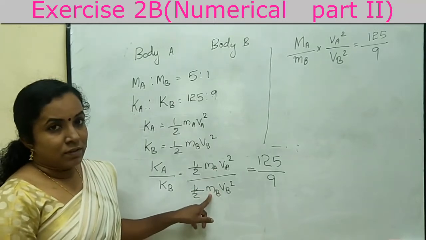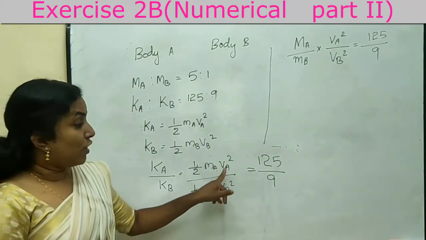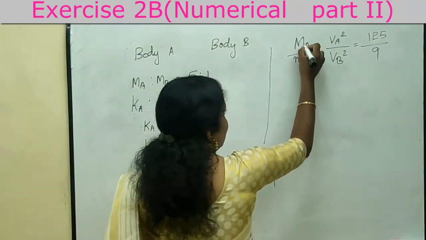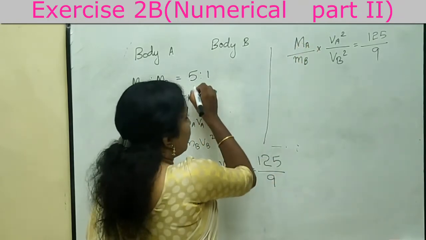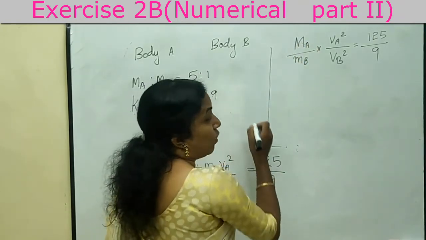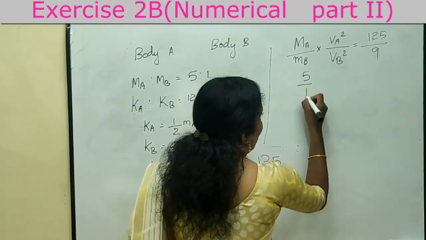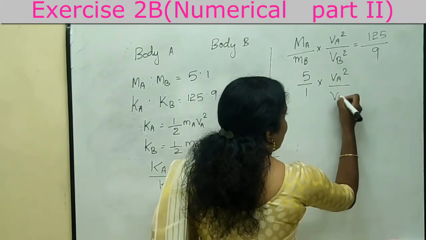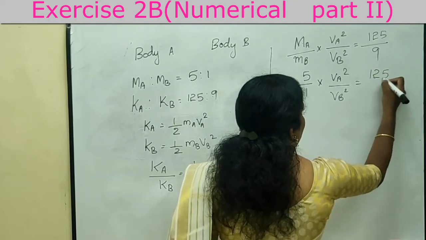See, I have written masses together and square of the velocities together. Now, MA by MB is equal to 5:1 or 5 by 1. So we can write 5 by 1 into VA square by VB square is equal to 125 by 9.